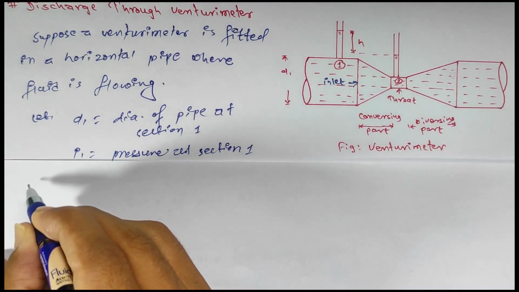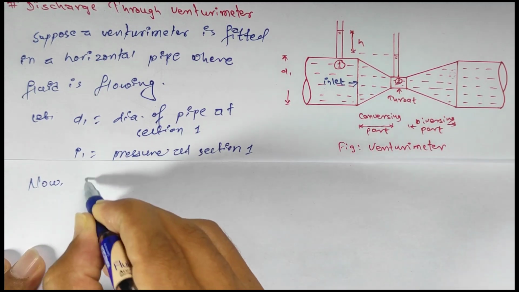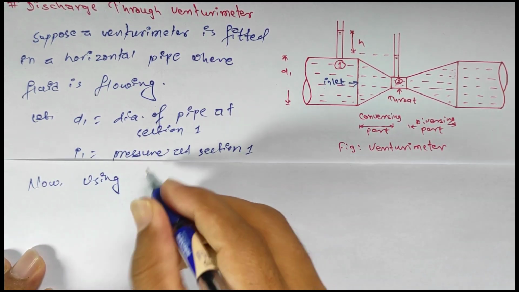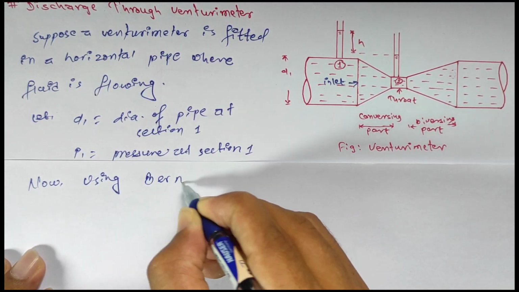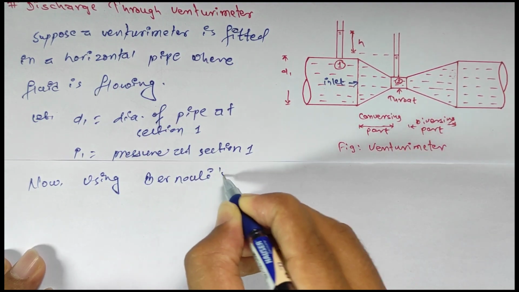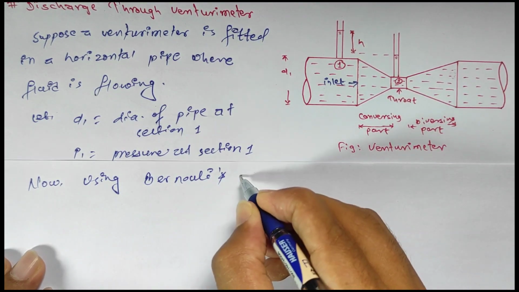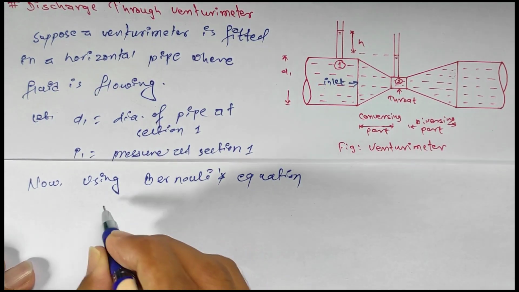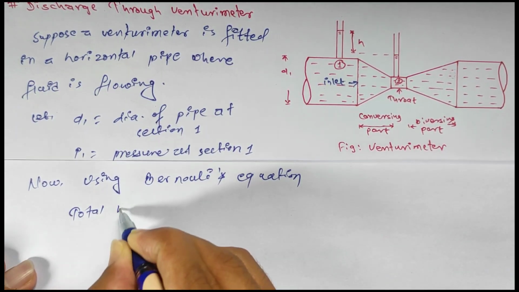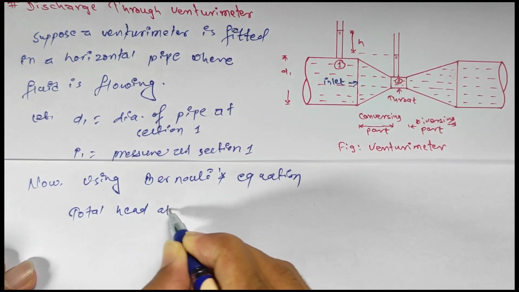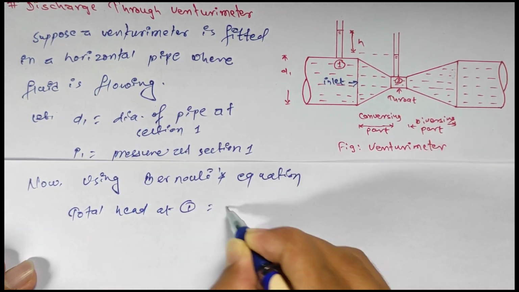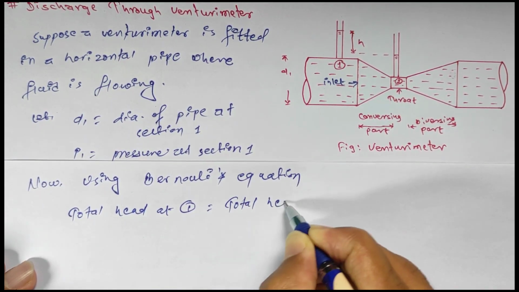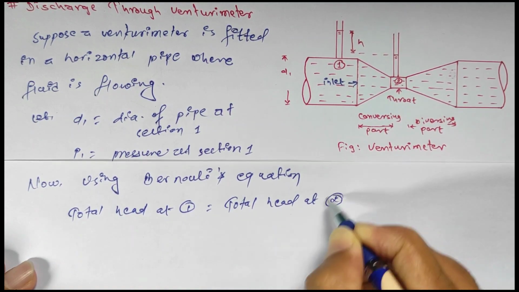So now, using Bernoulli's equation, this equation says that total head at section 1 equals total head at section 2.